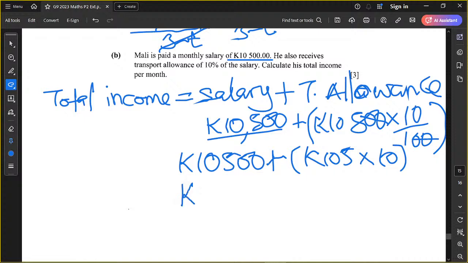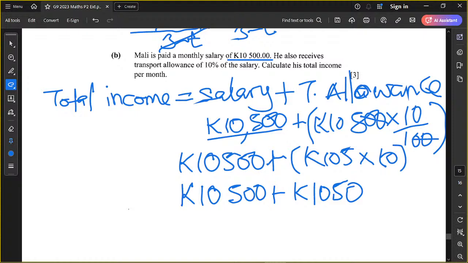We continue copying this salary amount, which is 10,500. Then plus, we multiply, we write the kwacha sign, 1 by 105 will give us 105. Have we used 0? No, so just pick 0 and put it here, which will give us 1,050 kwacha.